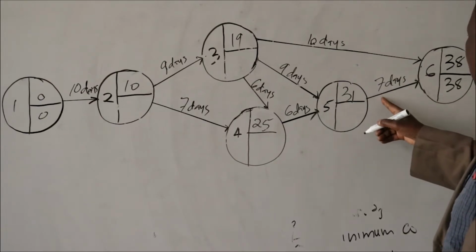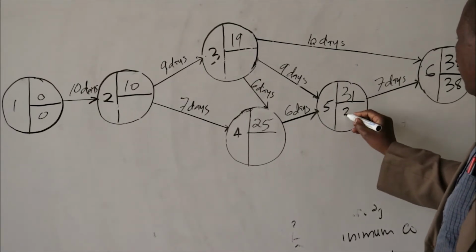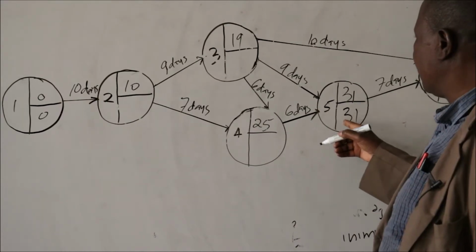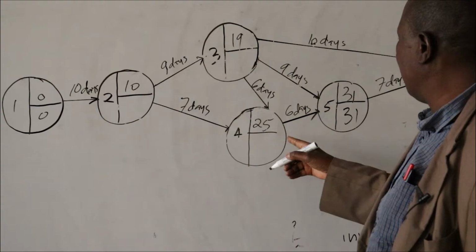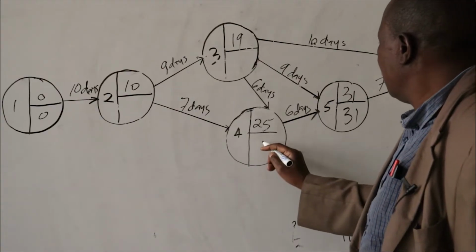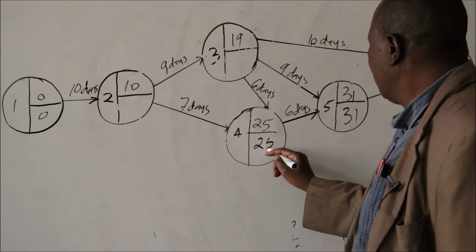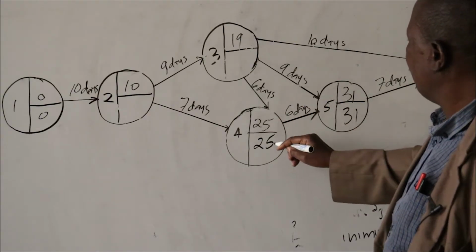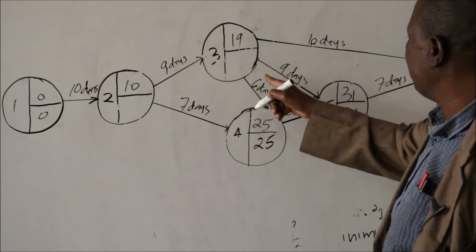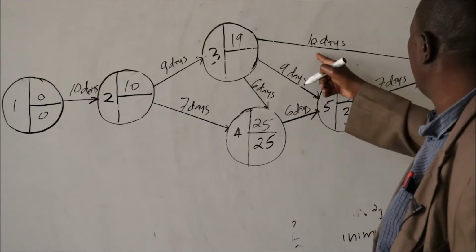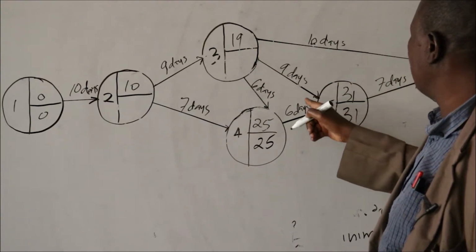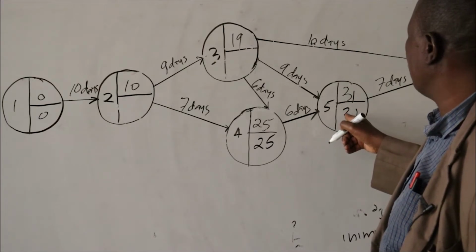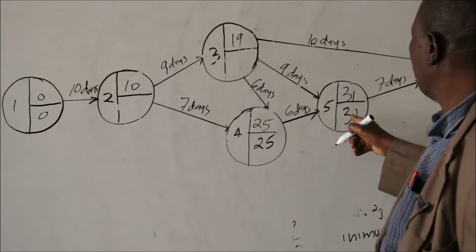38 minus 7, that is 31. Then 31 minus 6 is 25. Then this is 25. It is approached by this path, and this. This is 28. This gives us 31 minus 9 is 22.